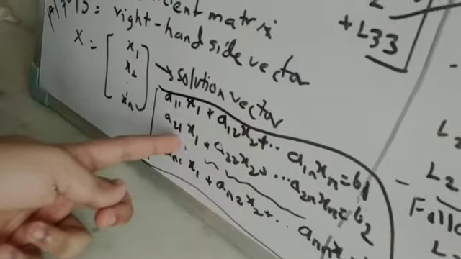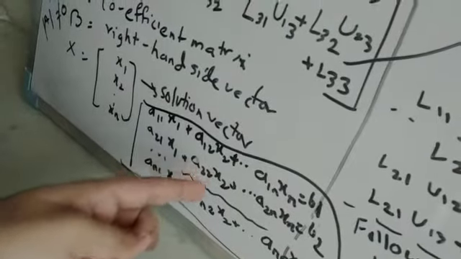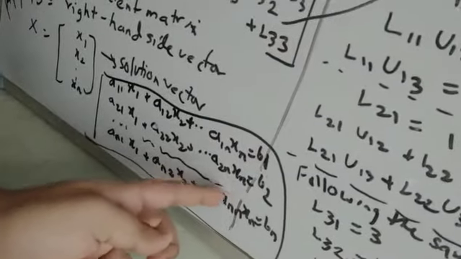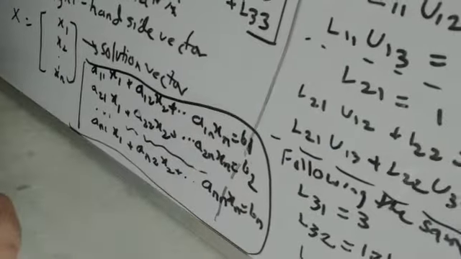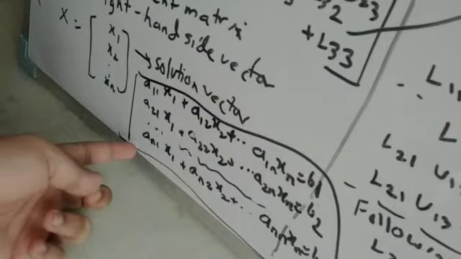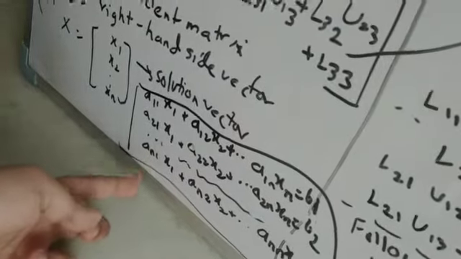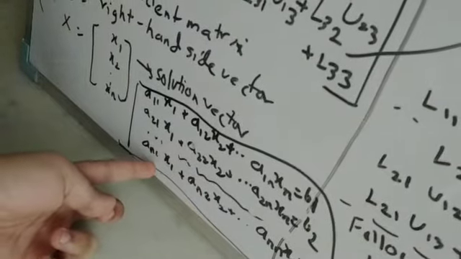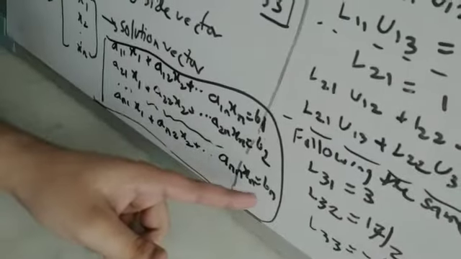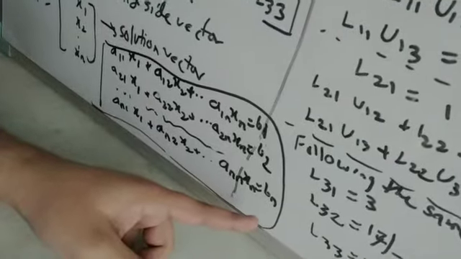Likewise, the second row will be a21 x1, second row but first element, then second row, second element a22 x2, like that way we will reach a2n xn, and it should be equal to b2. Like that way, if I have n number of terms, then for the nth row it's an1 x1 plus an2 x2, like that way, ann xn, which should be equal to bn.